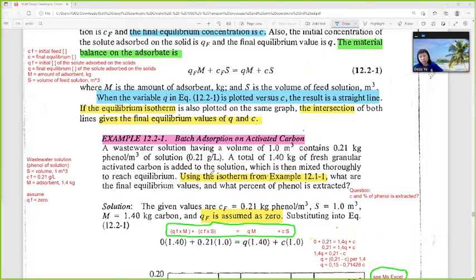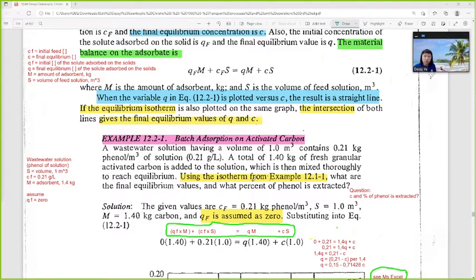We make an assumption about Qf. Qf is the initial concentration, so if we start the absorption process, the absorbent is clean from the phenol solution. It is a fresh absorbent, so we assume Qf is 0.